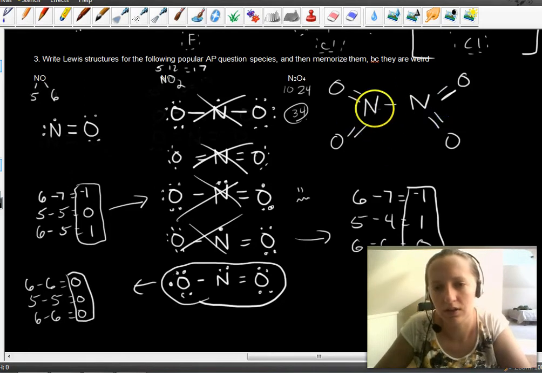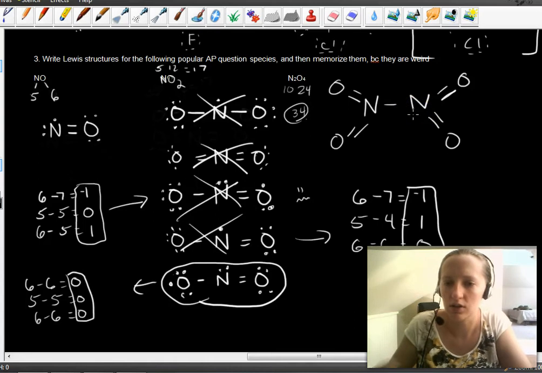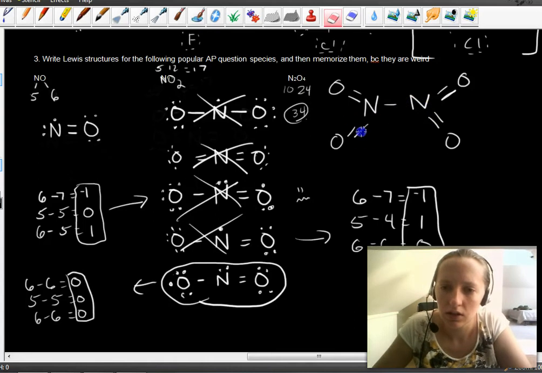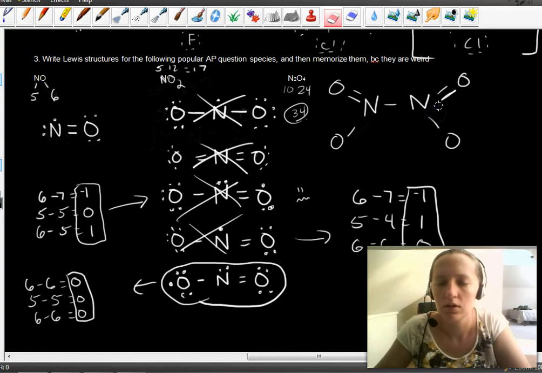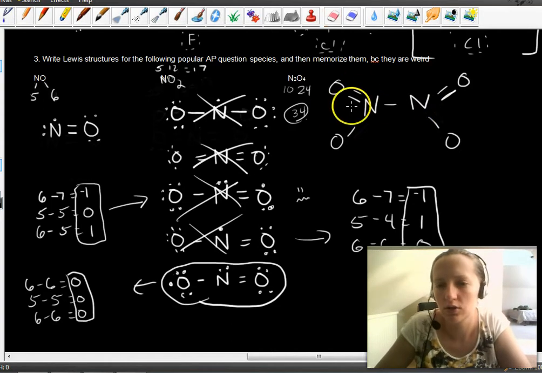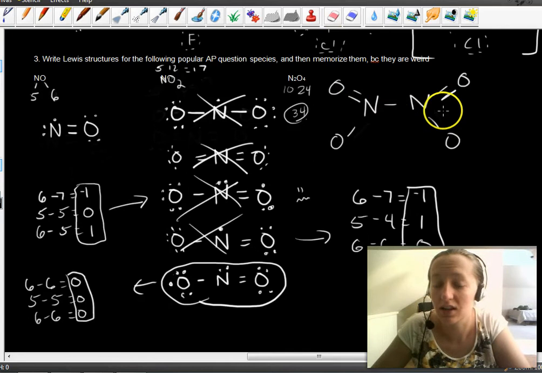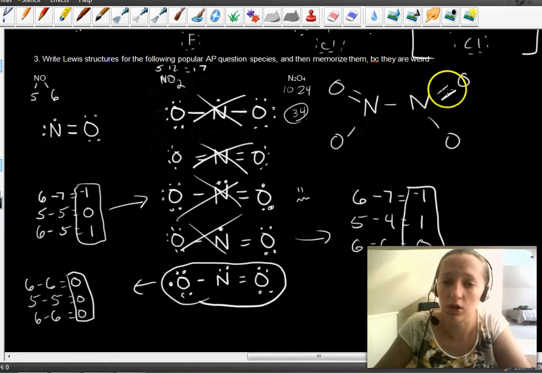If we try all 4, that doesn't work because then the nitrogens are 2, 4, 6, 8, 10 valence electrons, so let's erase a couple of those. So now the nitrogens have got 2, 4, 6, 8, 2, 4, 6, 8, and that makes a nice octet, so we can give this one a shot.